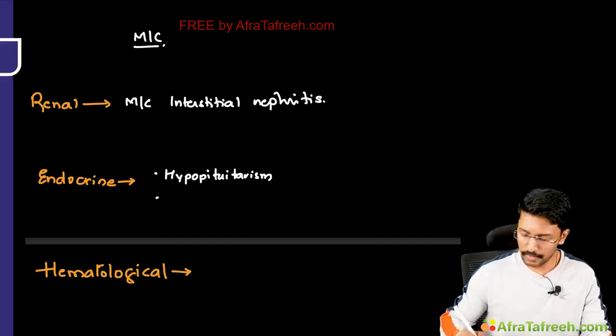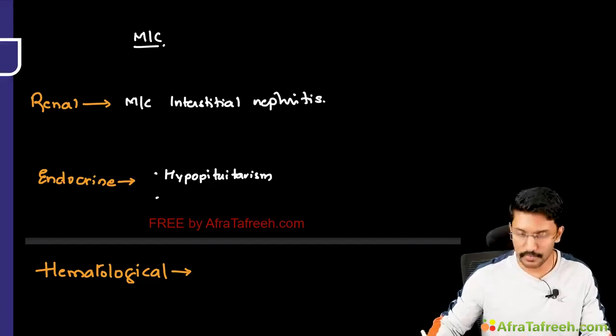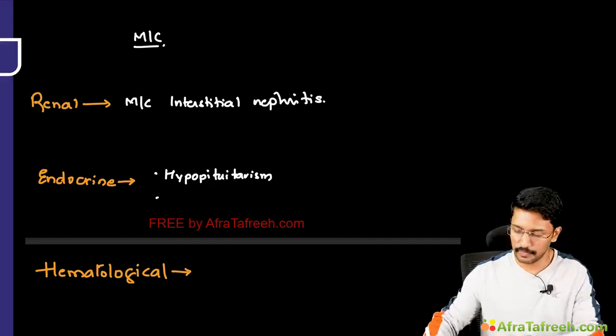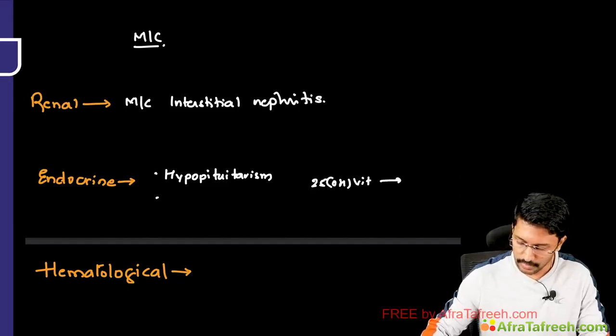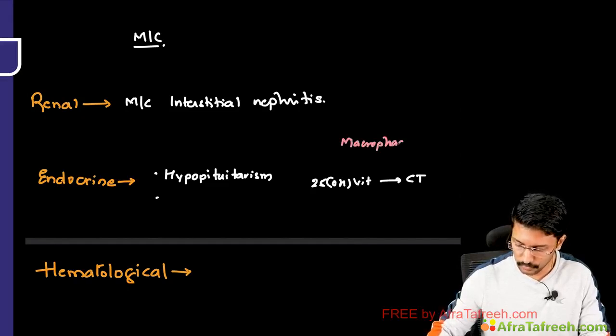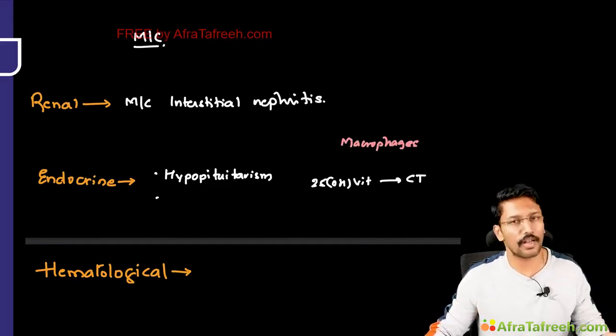Apart from that, one important change that we would see with respect to the endocrine system in sarcoid patients is there will be increased conversion of 25-hydroxy vitamin D to calcitriol because of the increased activation of macrophages. So macrophages are involved in the granuloma formation, right?